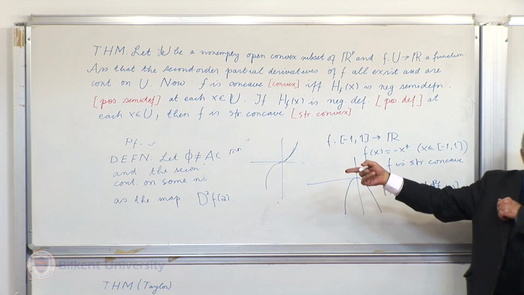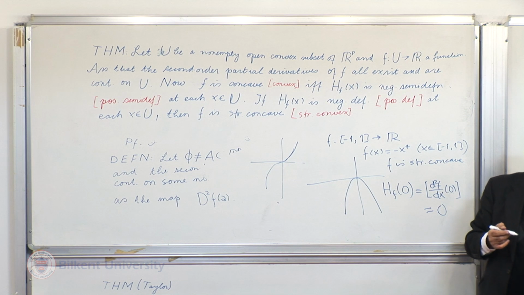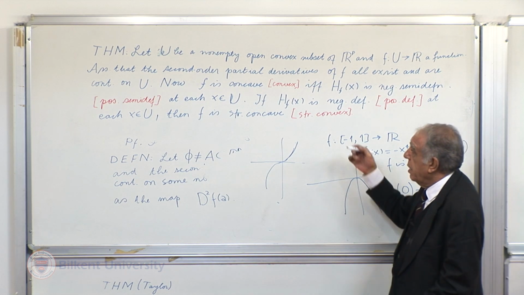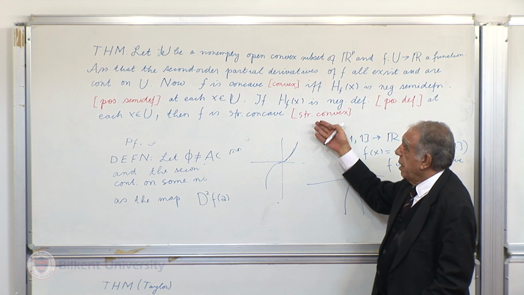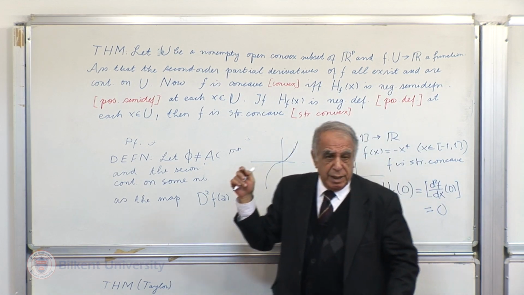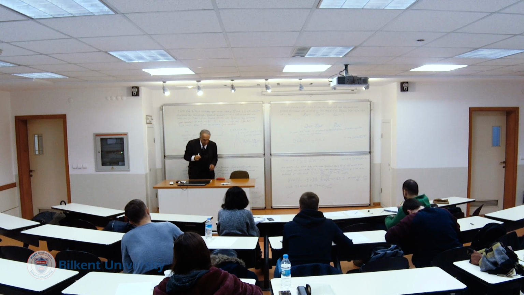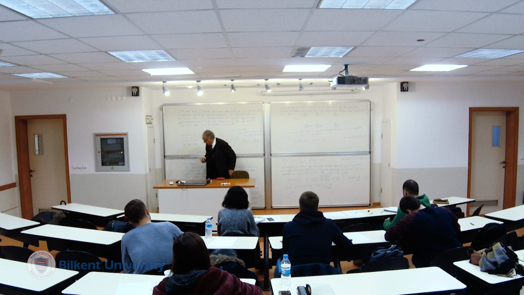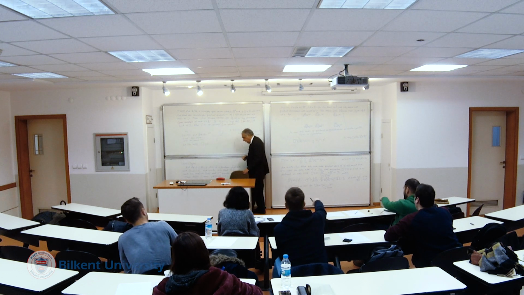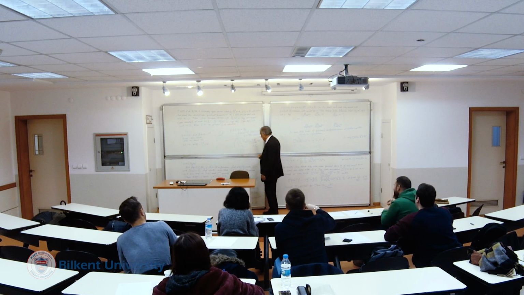So this is the counterpart of that, actually. Okay? Well, we'll continue next Tuesday by proving this theorem. That will complete our list of characterizations of concave and convex functions.